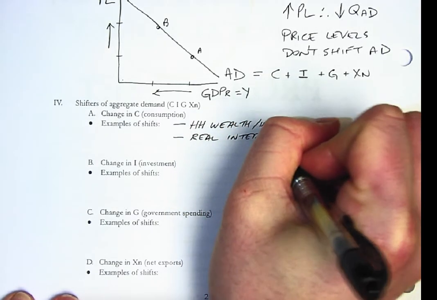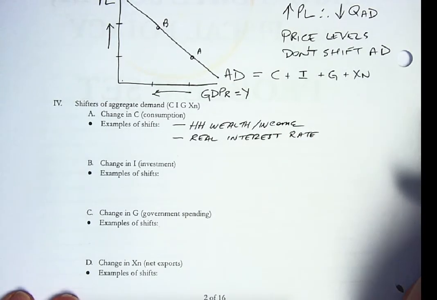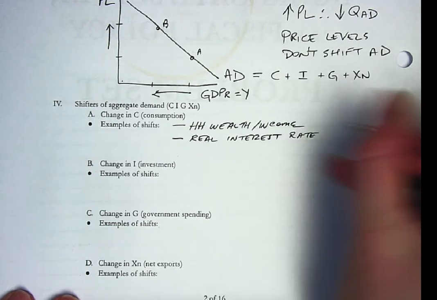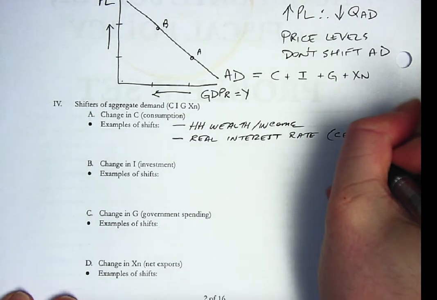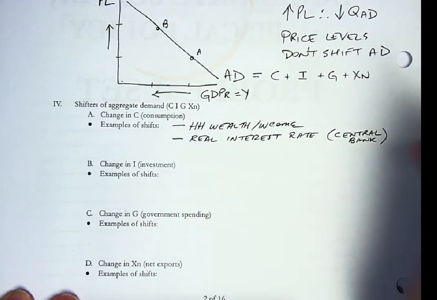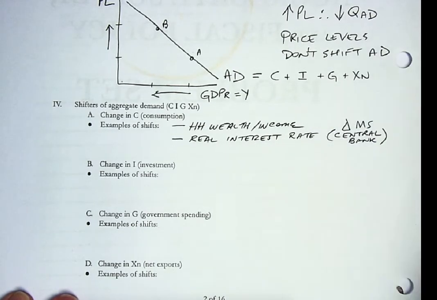Because if the real interest rates change, then that can change consumption and investment. If the real interest rate goes down, consumption and investment would rise. Now, what could cause that? That would be maybe the central bank changing that interest rate. So we'll talk in another unit about why, but the changes in the money supply is really what that is, the money supply. MS stands for money supply.